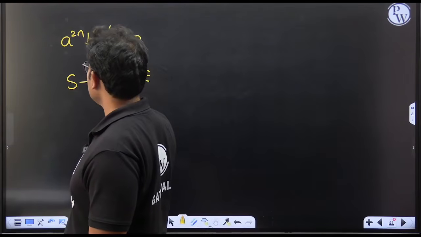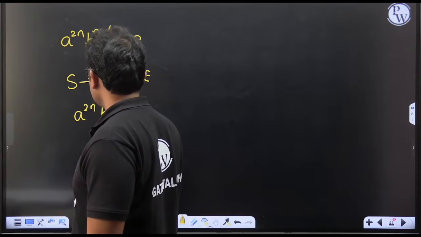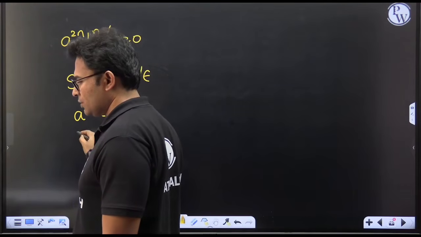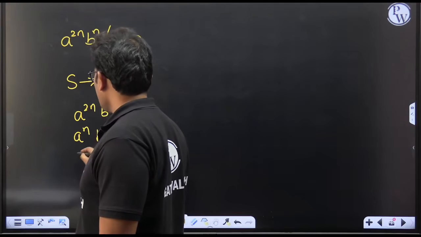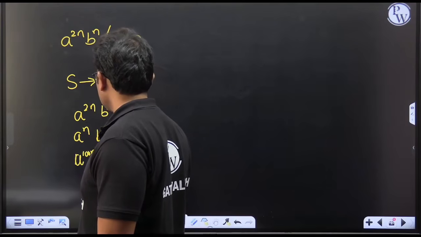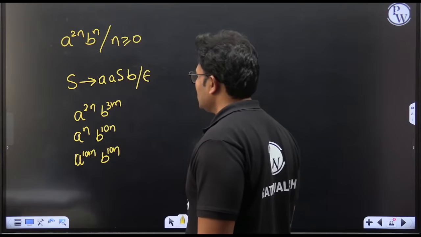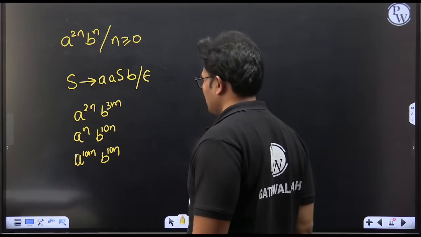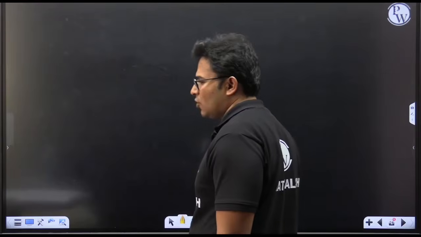You can do A power 2n, B power 3m, or a power n, b power 10n, or a power 100n, b power 10n. Anything you can do. All these are context-free languages only, because we are able to give a context-free grammar.